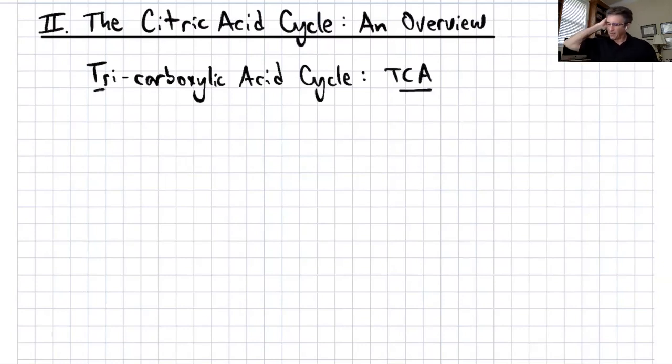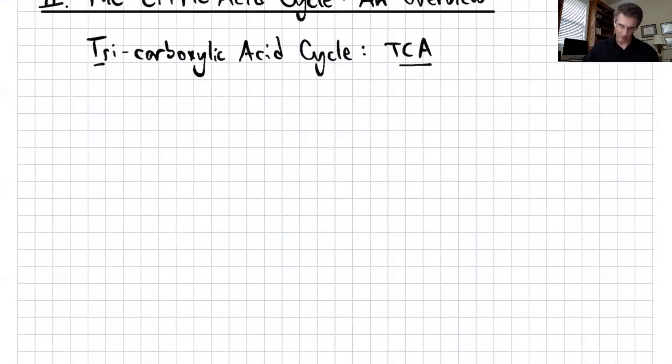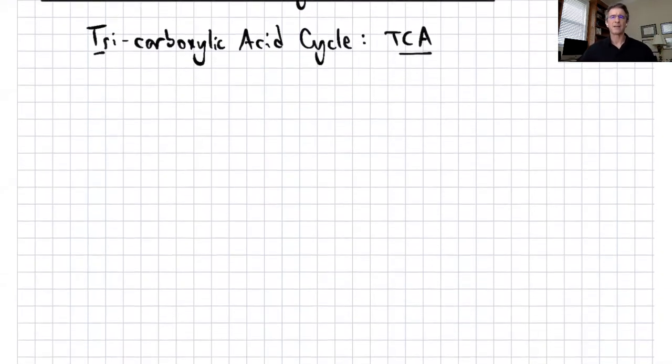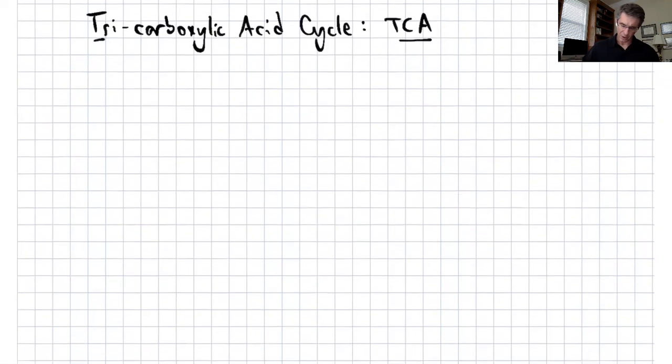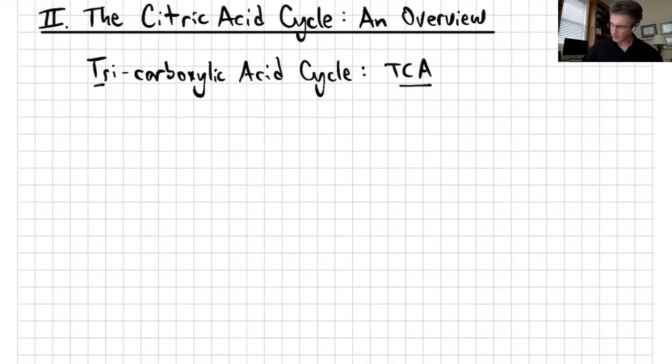The basic outlines of the cycle go something like this. I'm going to divide the TCA cycle into three phases. It helps me remember what's going on. So we're going to start out, as I said before, the input into the TCA cycle is, of course, pyruvate, the alpha keto acid that we got out of the back end of glycolysis.